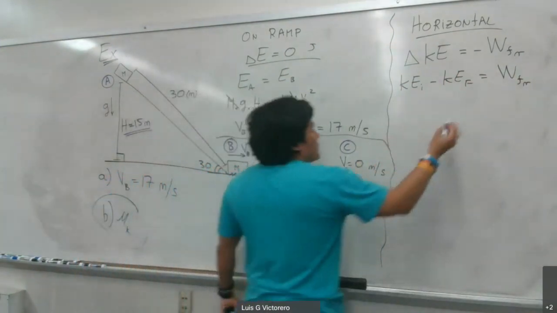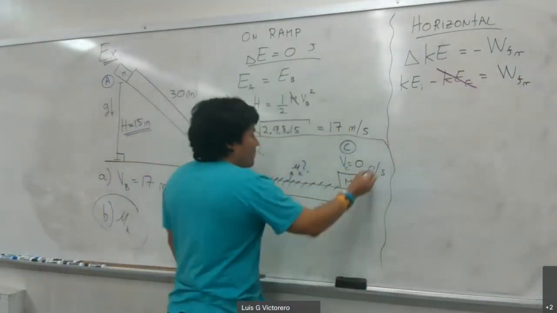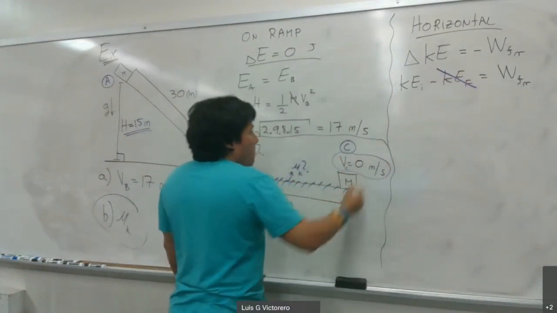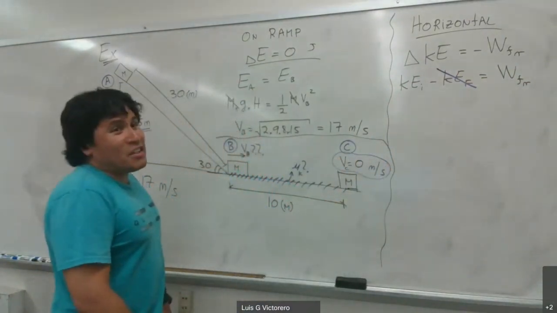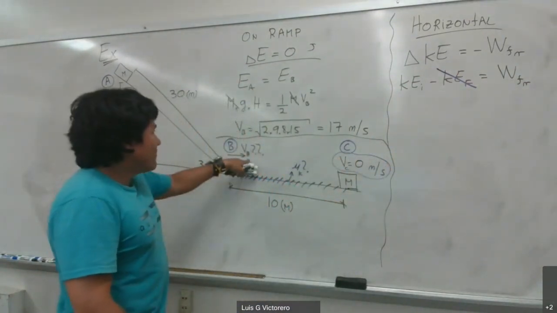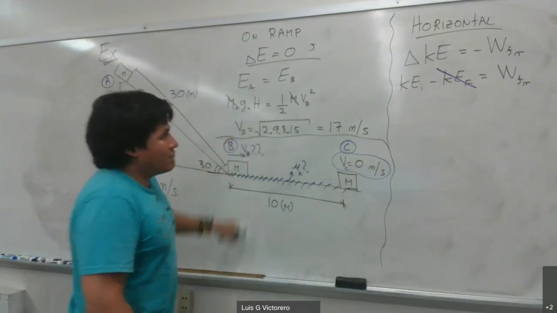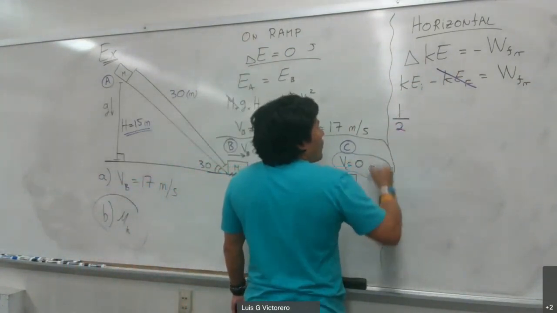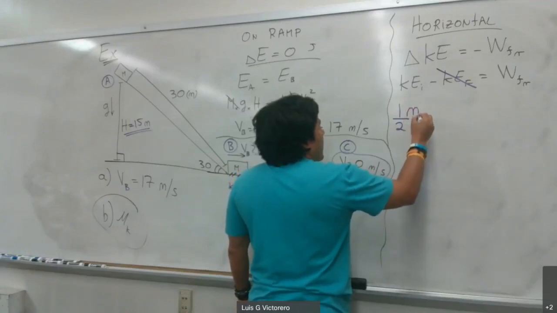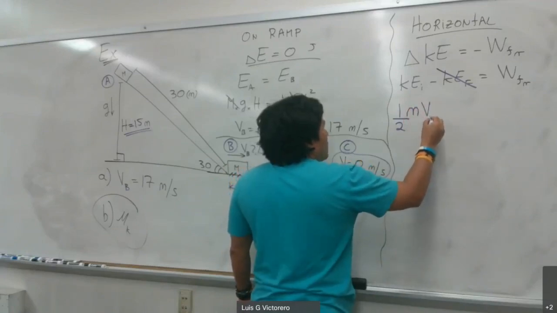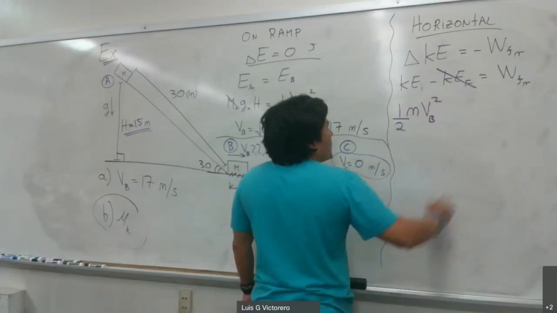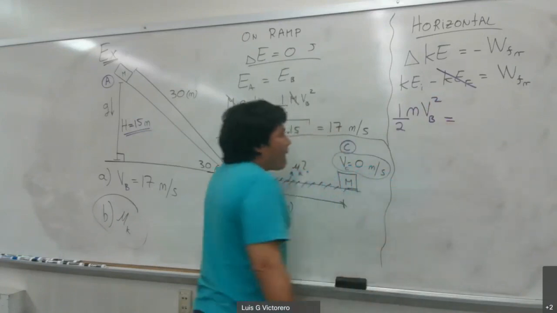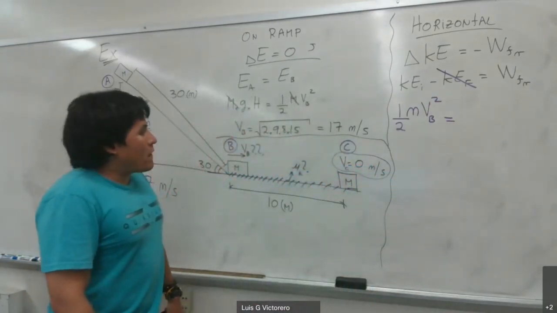This is zero, right? What's kinetic energy initial? That. So 1/2 of the mass of the body times the velocity v squared, that's equal to what? The work done by friction.